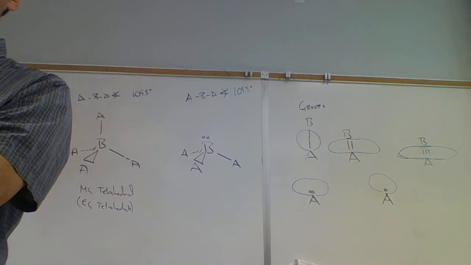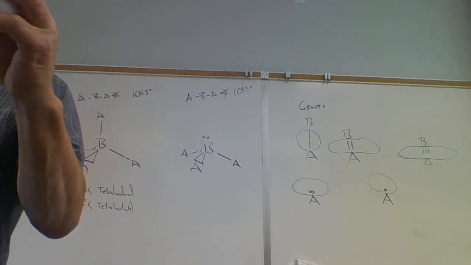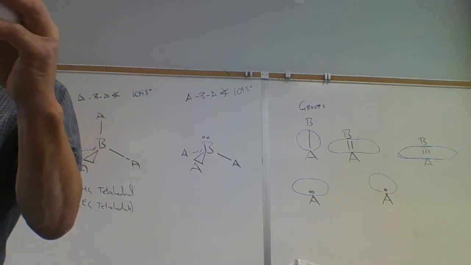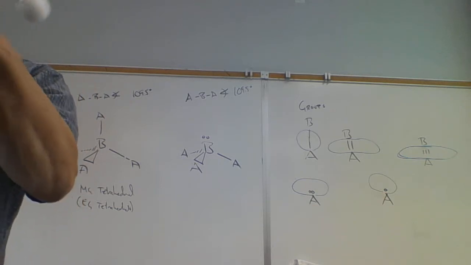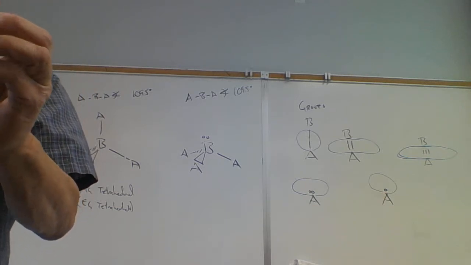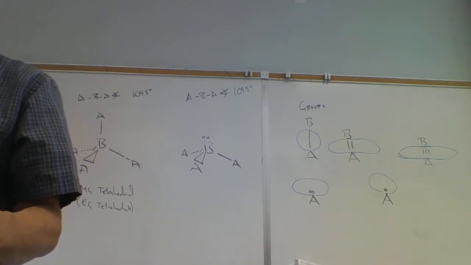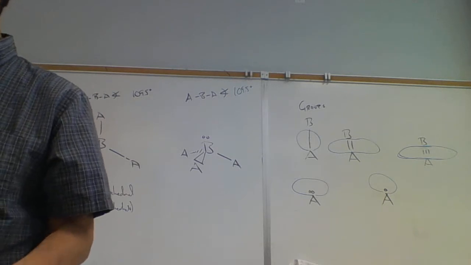As the balloon collapses down here, it's going to push these in because this one has greater repulsions. This one requires more space. And so if it pushes these three down, it shortens or tightens the angle here. And so what's observed is more like a 107 degree angle rather than a 109 degree angle.